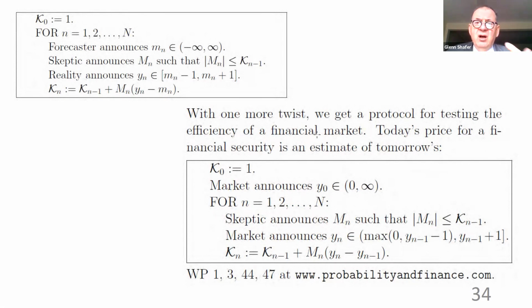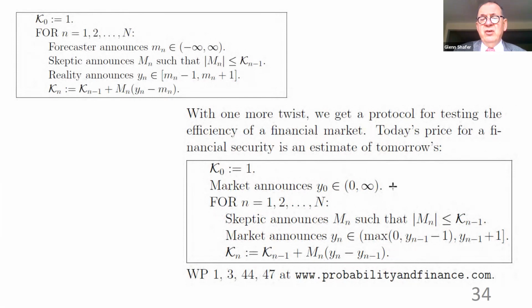So this idea of testing the efficiency of a financial market, Vovk and I have studied it extensively. Four of the working papers at probabilityinfinance.com study this. It leads to very interesting results.